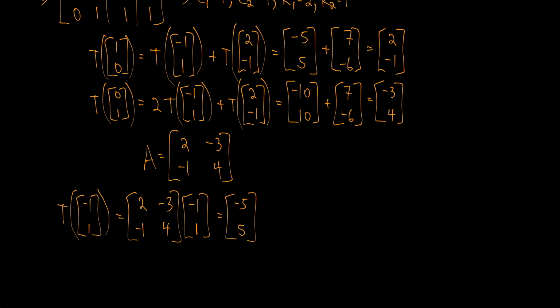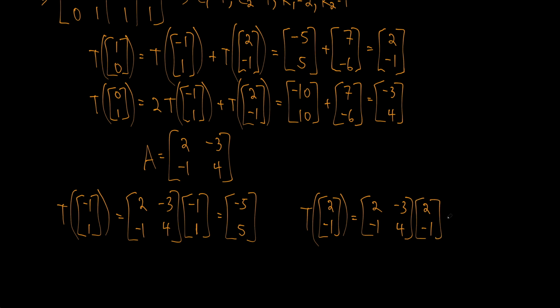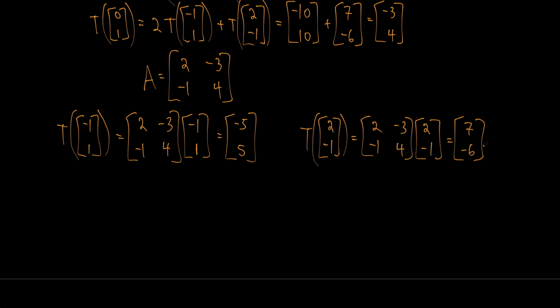So it worked for that. Let's look at T of 2, minus 1. So that's 2, minus 3, minus 1, 4. Multiply that by 2, minus 1 this time, and we do get 7, minus 6. Alright, so that's great.